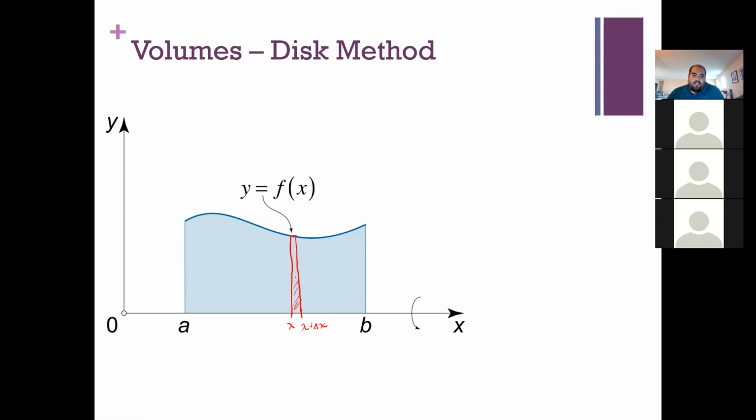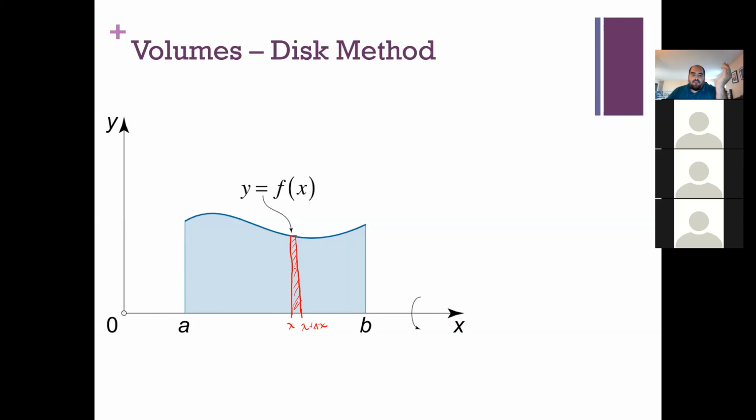This is essentially what we did last night. I'm splitting that area into many smaller rectangles. Rectangles are really simple to find the area of, so just take the area of all of those, add them all up, and that's my area.